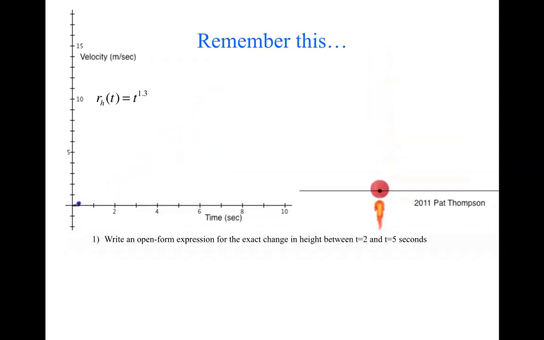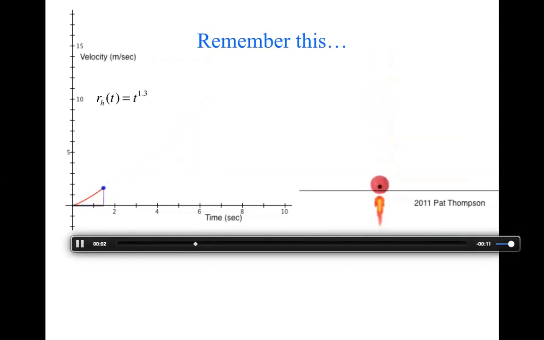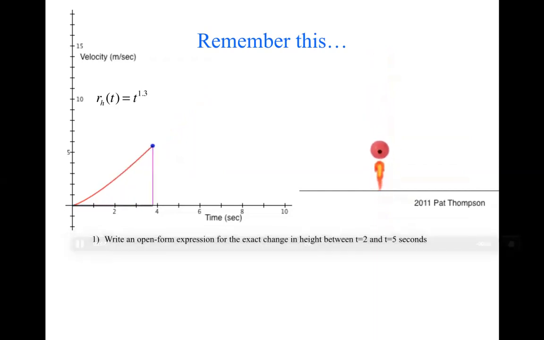Ooh, sorry about that. Keep hovering over that bar. There we go. So if I want an open form expression for the exact change in height, this open form just means you don't have to write a simple function rule. I can express what needs to happen.